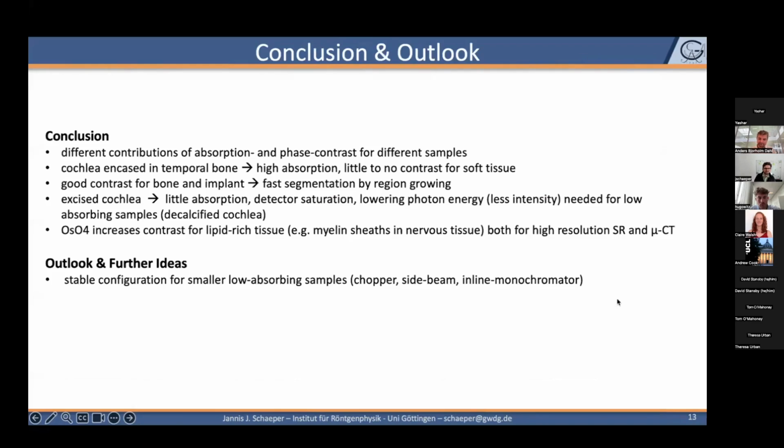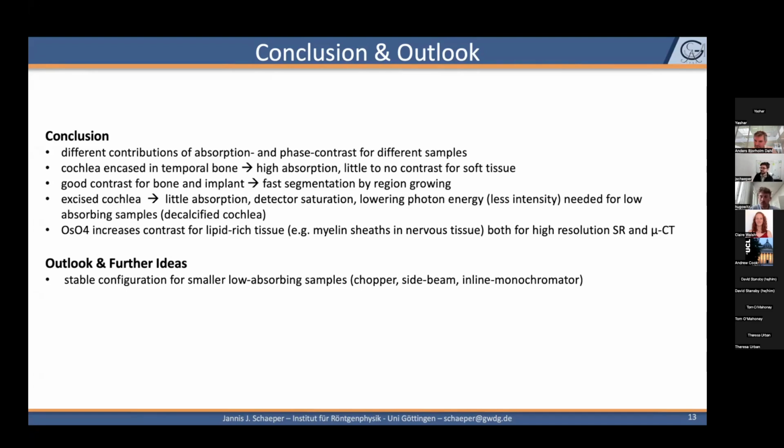To briefly wrap it up, we have different contributions of the absorption and phase contrast in the different samples. The large samples worked quite well here, although we had little contrast for soft tissue there. But for bone and implant, it's a very fast segmentation. You could also do it, of course, with thresholding, but here the cavities and the bone all more or less look the same.